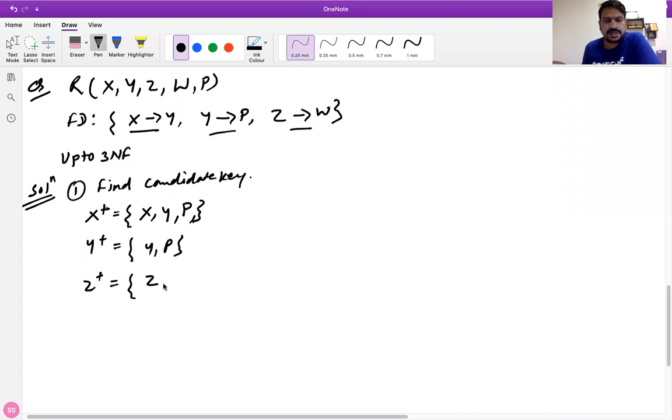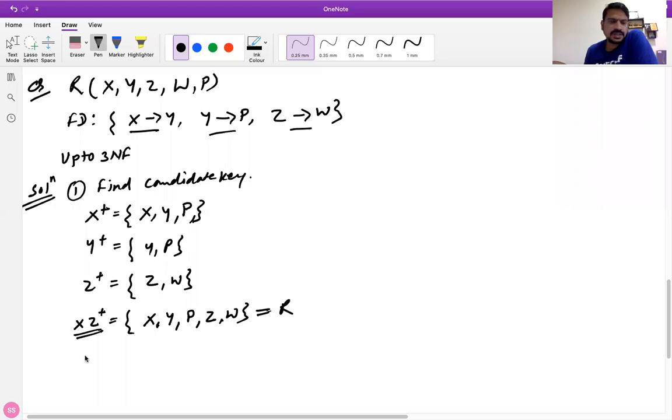We are finding Z and W only, right? So let's calculate the closure of XZ. X can determine Y can determine P, and we have Z can determine W. Now here we got the candidate key as XZ. Now we'll start the process.